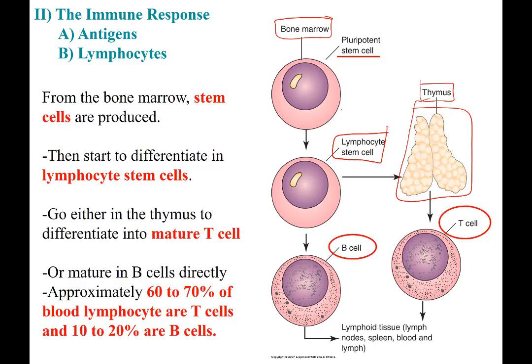In general, around 60 to 70% of our white blood cells are T cells, and around 20 to 30%, maybe 20 to 40% depending on the situation, are B cells.